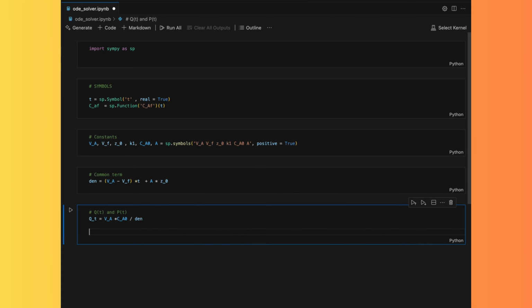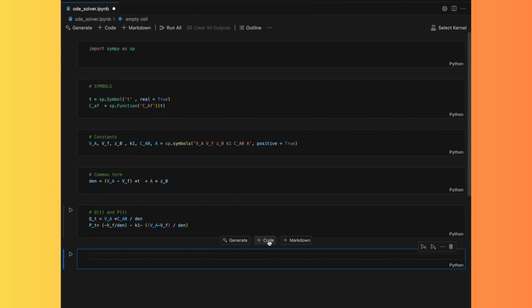And PT is equal to minus VF over that. Let's write this down: minus K1 minus VA minus VF over that.